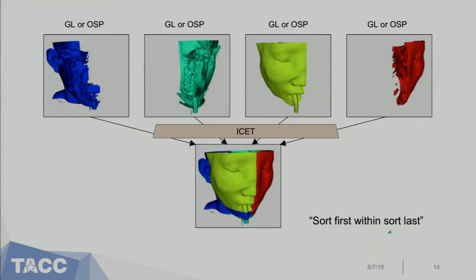So sort-last means that basically you're dealing with distributed data, and no one process has a universal view of all the data. It takes the tile, projects it onto the data set that it has, and renders what part of that data is visible in that tile from the process's perspective.